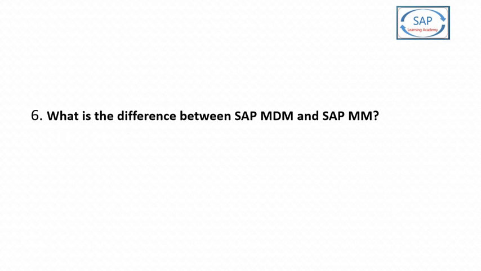Now we are moving to the next one. What is the difference between material MM and material MDM? As you know, material management is related to the creation of material, or something mostly surrounding the material process.